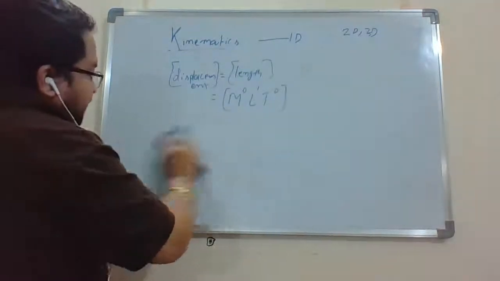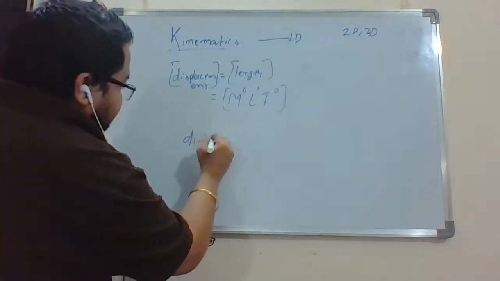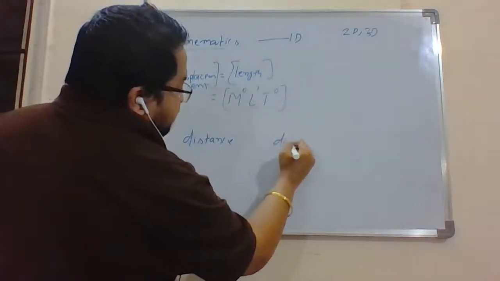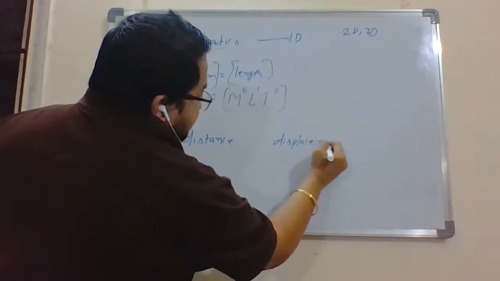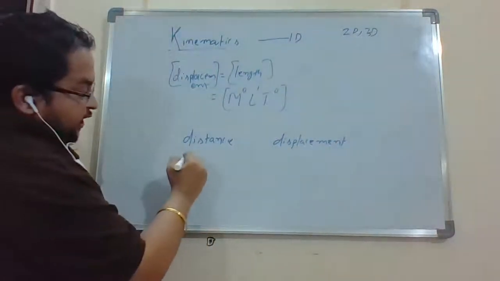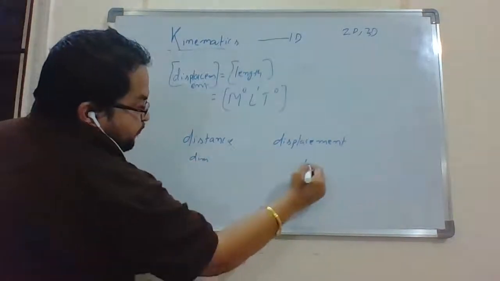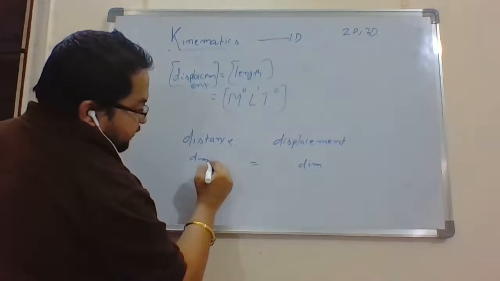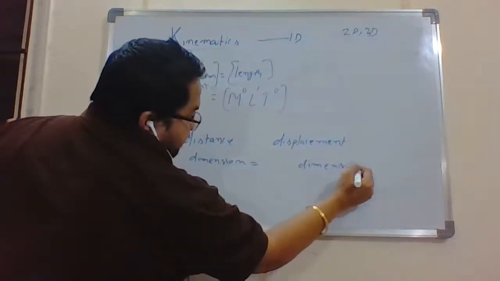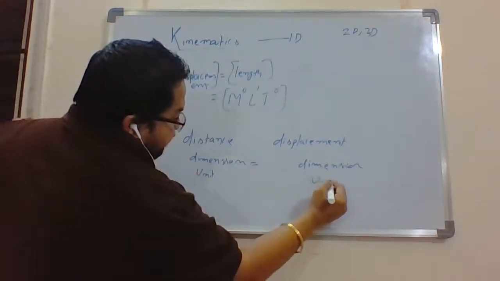So I have something called distance, and I have something called displacement, and I found that their dimensions are the same and their units are also the same.